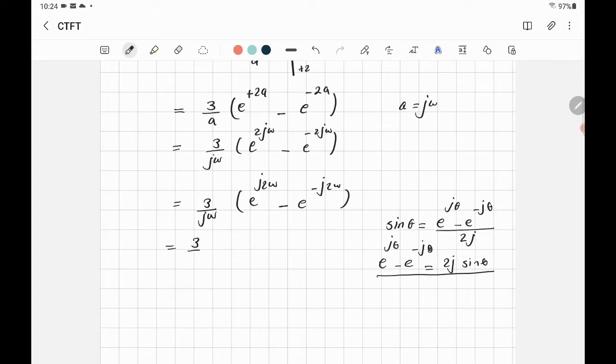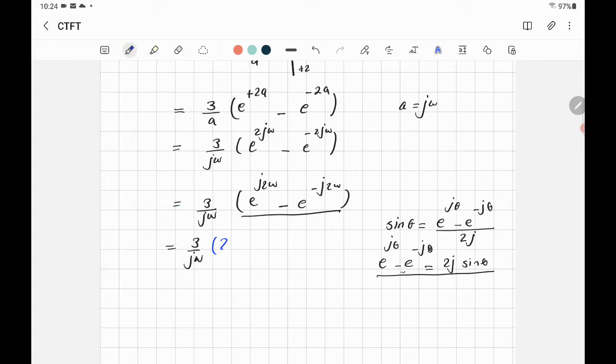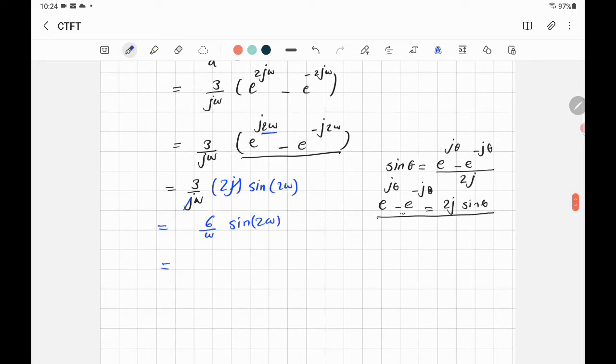So equal to 3 over j omega, and I will replace this by the equivalent according to this expression. So we'll just write here, it's equal to 2j times sine theta. Theta in this case is equal to 2 omega. The j cancels j. 2 times 3 is equal to 6 over omega, sine 2 omega.